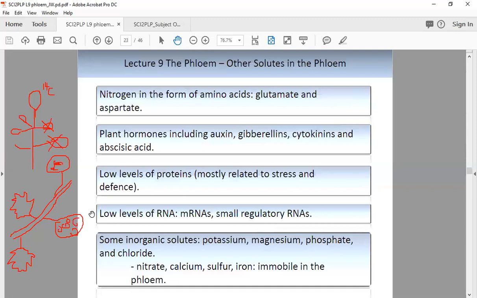There are some messenger RNA molecules and also some small regulatory RNA molecules. And as we saw earlier in the table, some inorganic solutes, potassium, magnesium, phosphate and chloride, but only small amounts. These solutes here are immobile in the phloem. You never find them in the phloem. Well, they haven't so far. Nitrate, calcium, sulfur and iron.